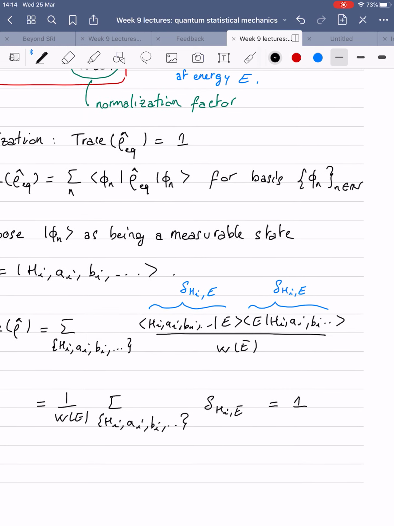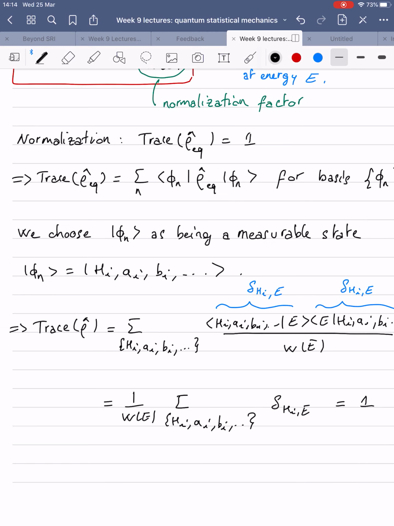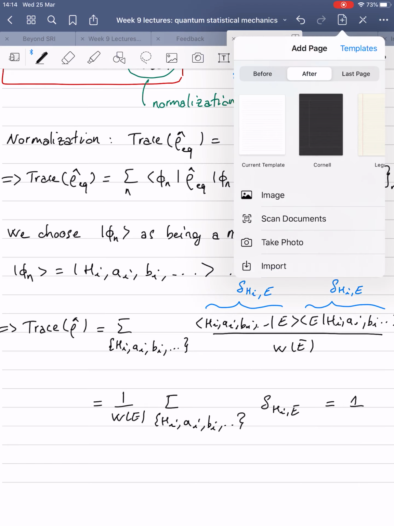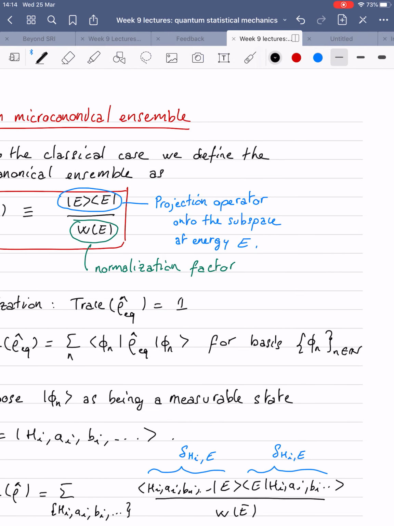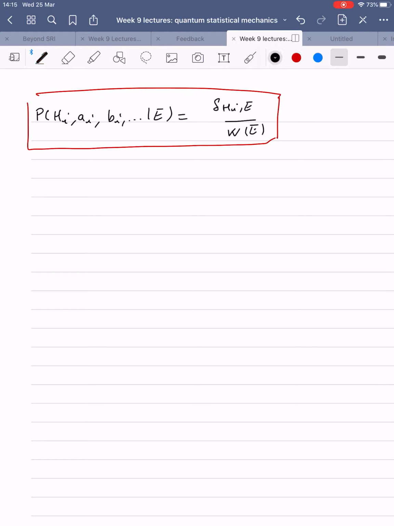There are a few things we can do from there. The first thing is to identify a probability. The probability of H_i, A_i, B_i given E is equal to delta H_i, E divided by W of E. That's one first thing that we observe, from applying the Kolmogorov axioms.